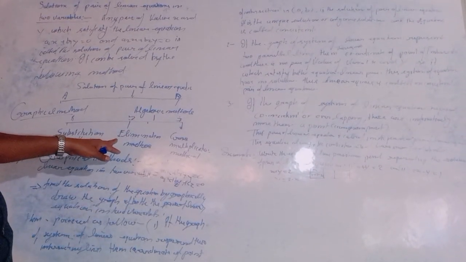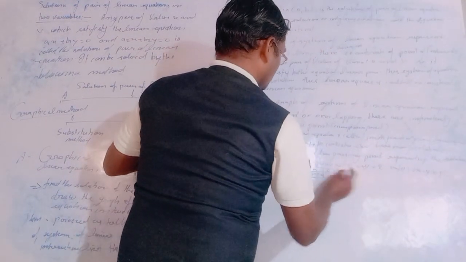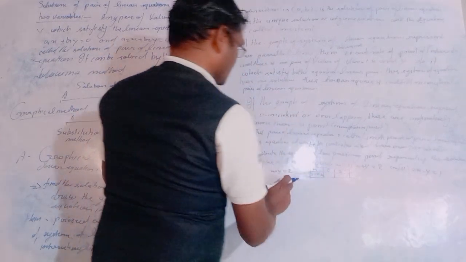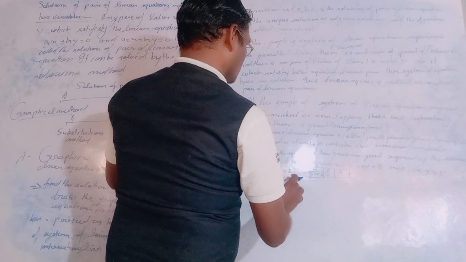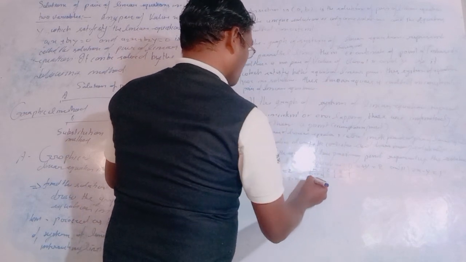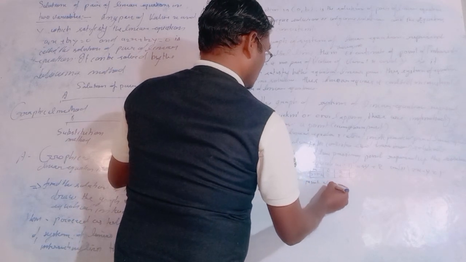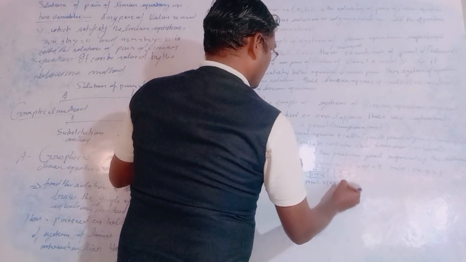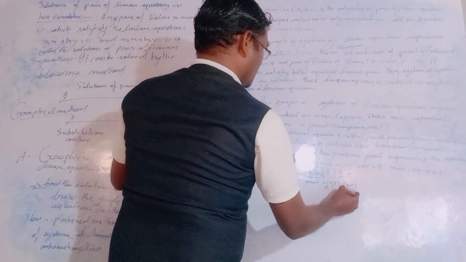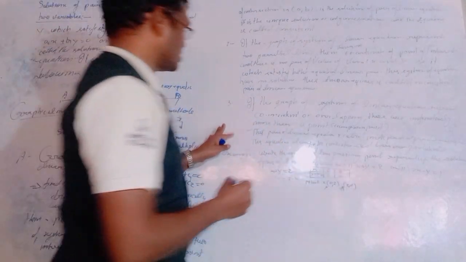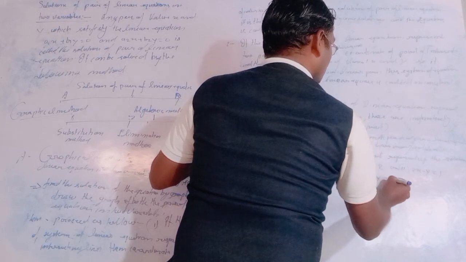If we substitute 0 for x, we get 2. And if x is 2, then we get 0. So the points will be first 0 and 2, and the second will be 2 and 0. A, B. Got it?